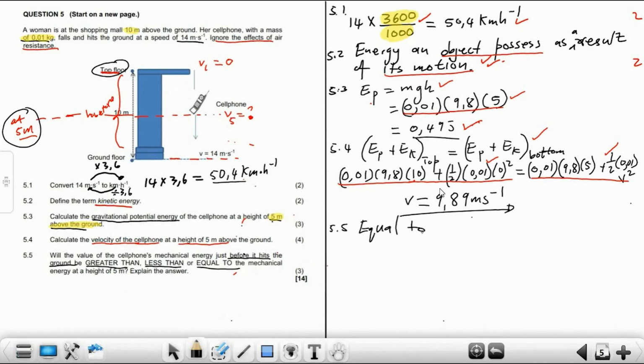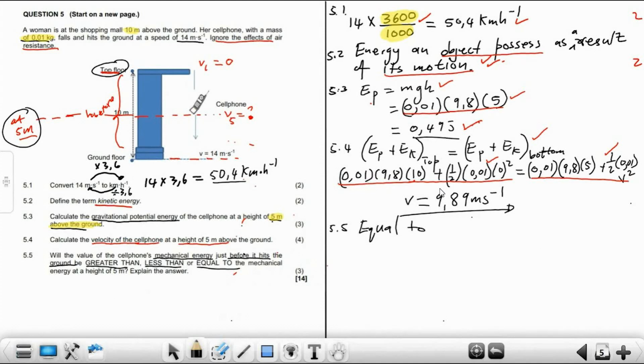The reason for that is, remember, mechanical energy is conserved. So if mechanical energy is conserved, regardless of where you are in the channel or the reference points you are considering, the mechanical energy will be the same throughout.